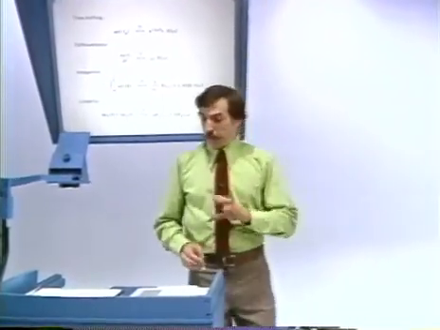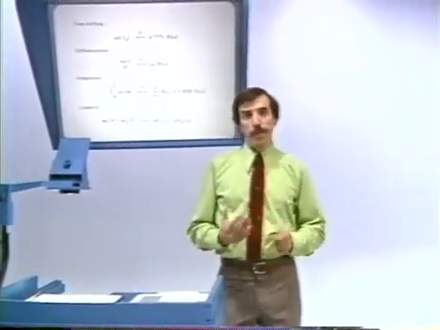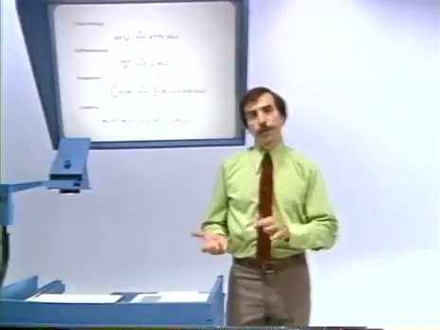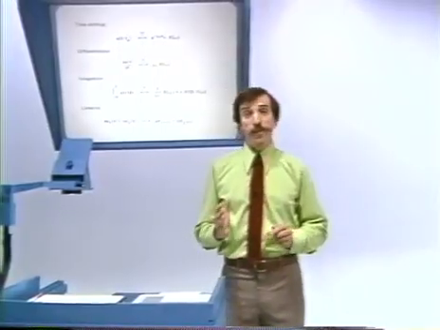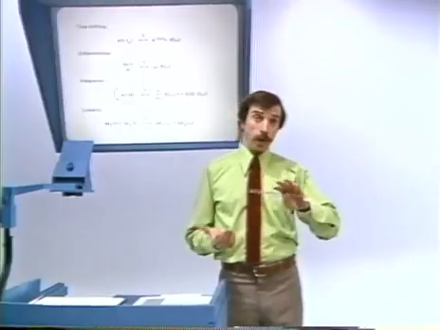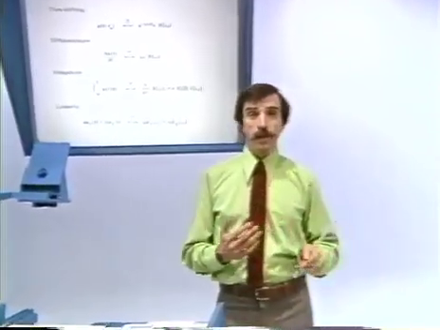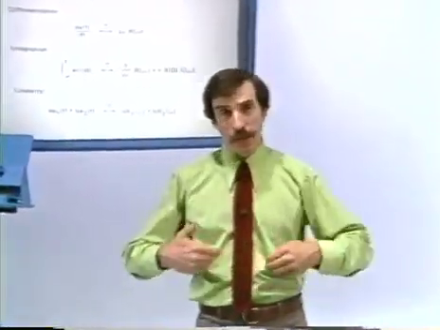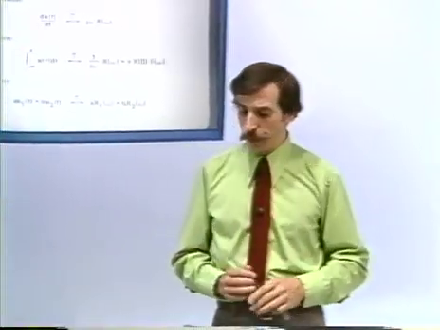Let me emphasize also that these properties, for the most part, apply both to Fourier series and Fourier transforms, because what we've done is to incorporate the Fourier series within the framework of the Fourier transform.